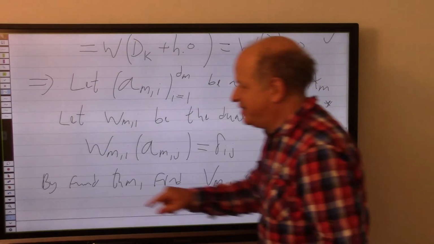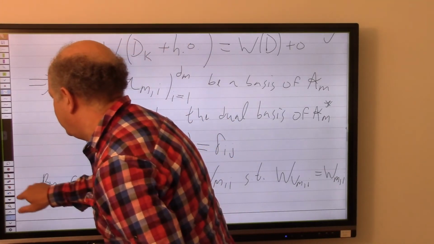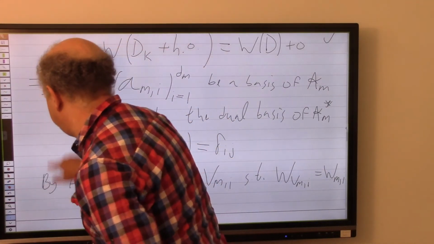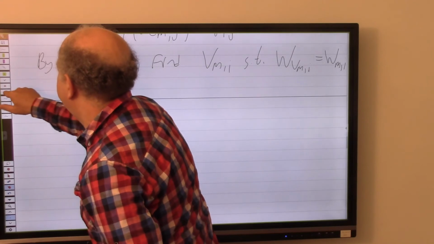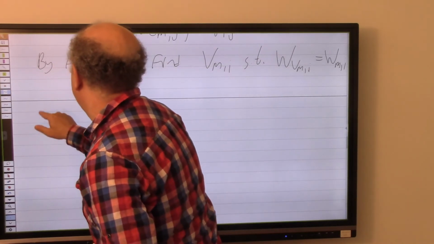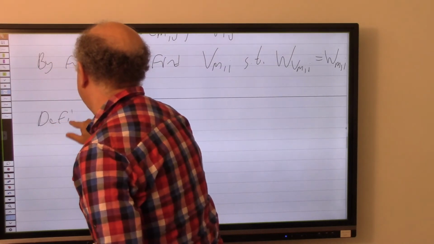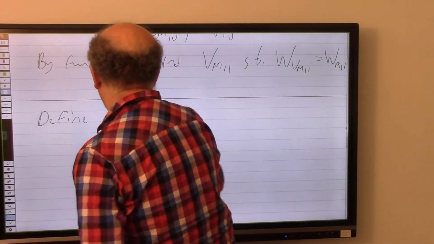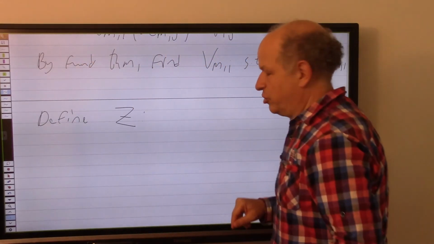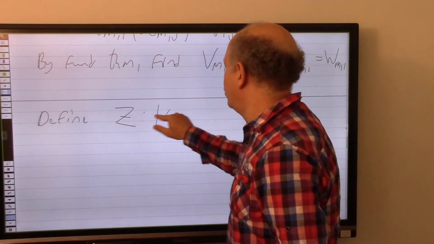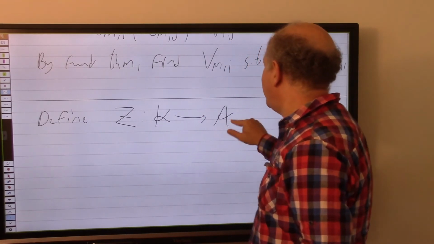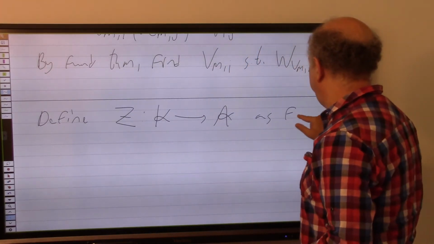And now I can assemble everything. So now I want to define this Z. So Z should go from knots to A as follows.